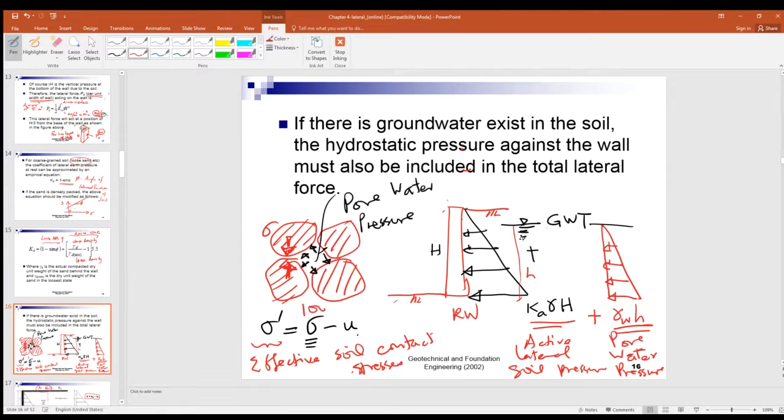Suppose it's 100 minus 30 equal to 70. In other words, without water, the soil contact stress could be up to 100 kPa. But because of the pore water pressure at that water depth, it will decrease by 30. That will give you effectively the contact stress of the particles touching each other at 70 kPa only. Okay, so that explains the pore water pressure for a retaining wall.